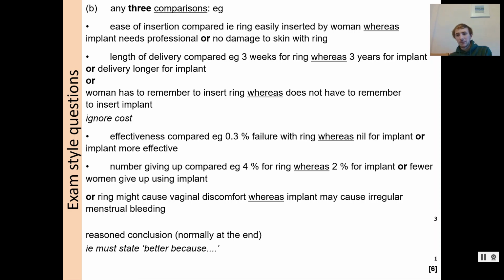I think that the ring is better. And your reason. Because of what I said about it being easier to put in. If you don't give a reason, you don't get a mark. So be harsh with yourself. Did you actually put a reasoned conclusion? It's the main way people lose marks in evaluated questions. Fine. That's the question, that's the end.